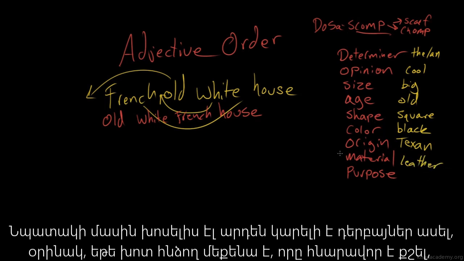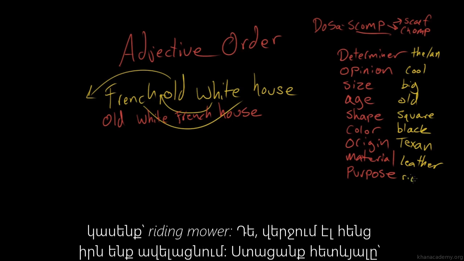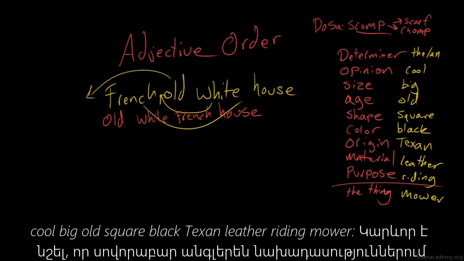This is sort of where we would use what's called a participle or a gerundive to determine what the thing is for. So if we were talking about, I don't know, a lawnmower that you ride around on, right? That's called a riding mower. And the last thing here is the thing itself. So this thing is the cool, big, old, square, black Texan leather riding mower.